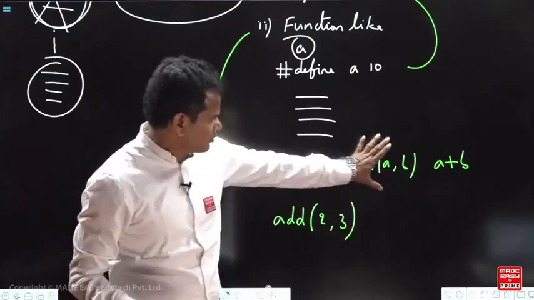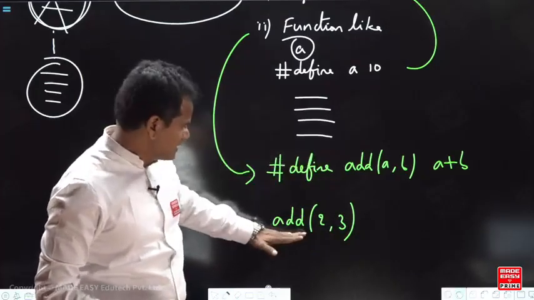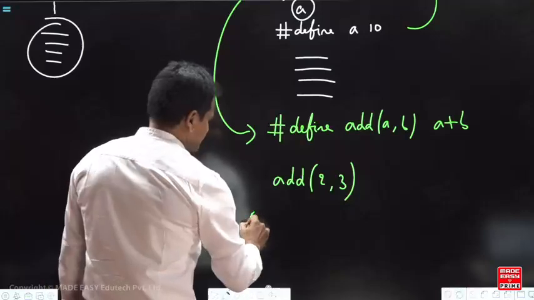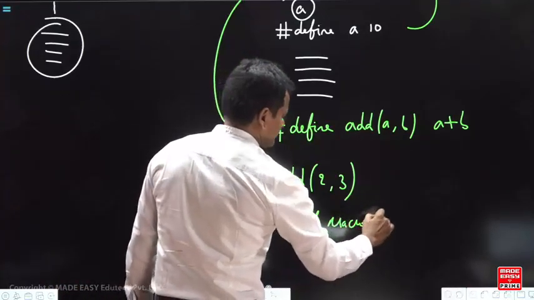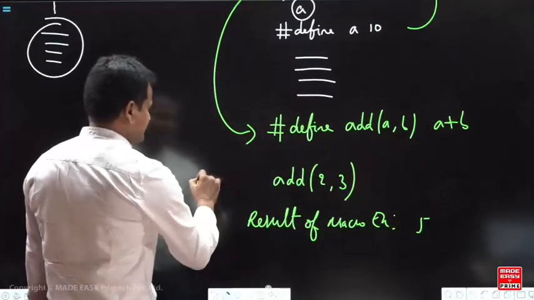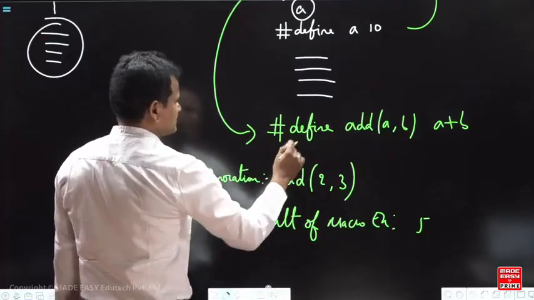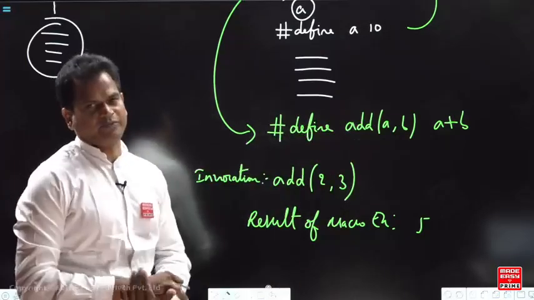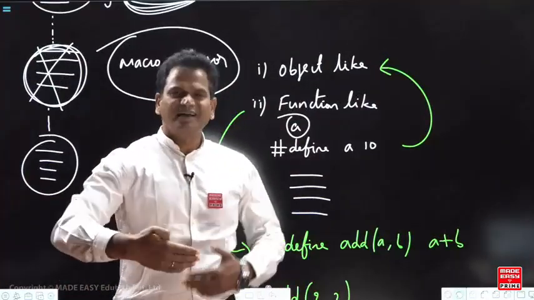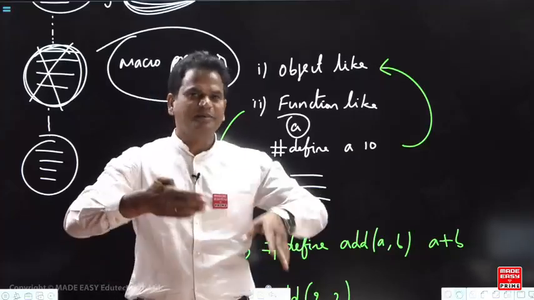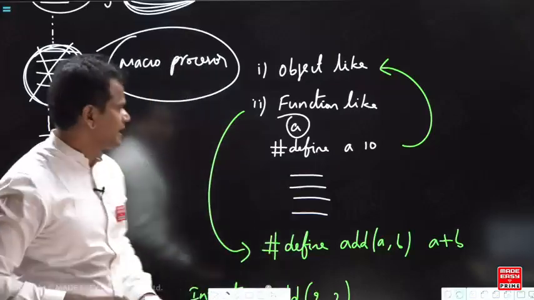This is the definition of the macro, add a comma b and a plus b, and this is the invocation: add(2, 3). Then what is the result of macro expansion? The result of macro expansion will be 5. This is a function-like macro, and this is an object-like macro. This will not be executed, but processed before the compilation. That is done by the macro processor.